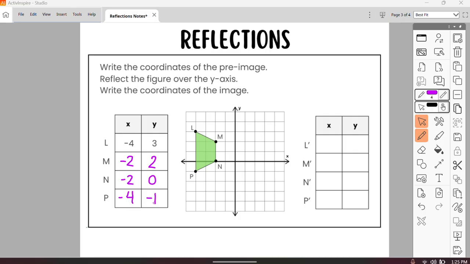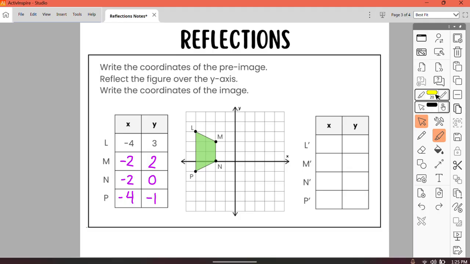So we have the coordinates of the pre-image, that green trapezoid. Then what we're going to do is we're going to reflect it. So I'm going to grab a highlighter. And since it says to reflect across the y-axis, I'm going to highlight that y-axis.